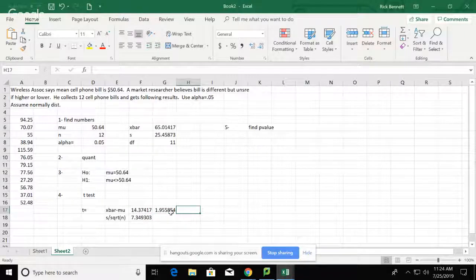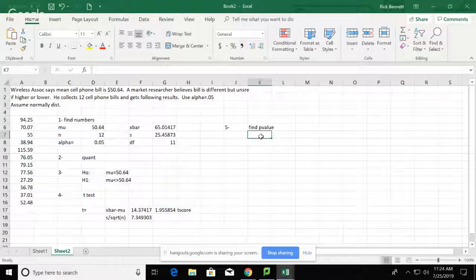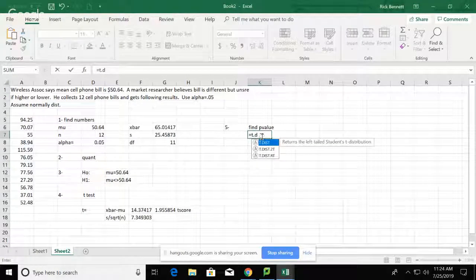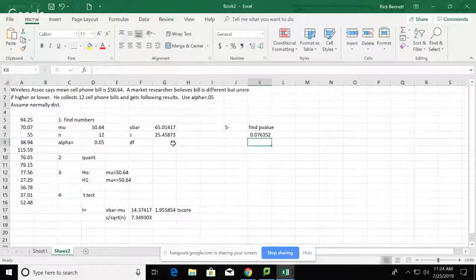Okay, that's my t-score. Yes, it's positive, so you don't have to change it. T.DIST, two-tailed, pick that number with 11 degrees of freedom. Now, we also should do this with the chart, 0.07.